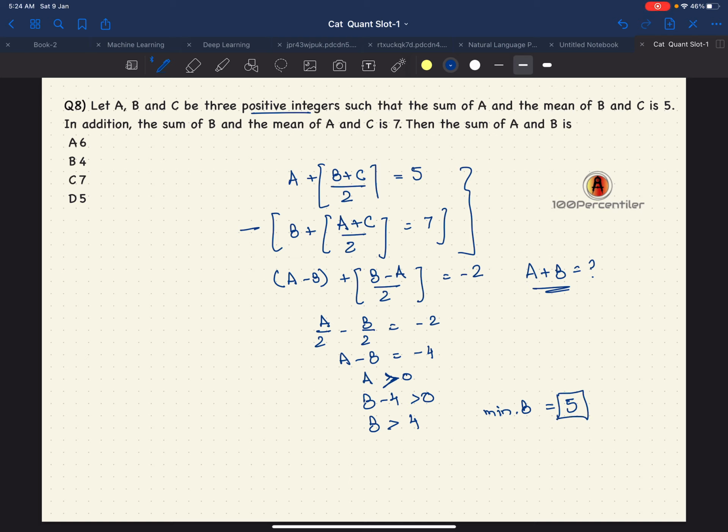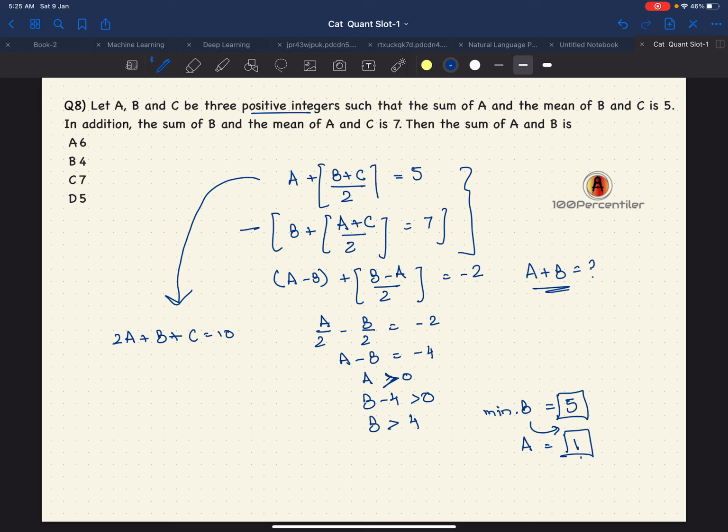Now let's look at the first equation here, which is 2a plus b plus c. This is nothing but equal to 10. Now let's say for b equal to 5, we know that a will be equal to b minus 4, which is nothing but 1.